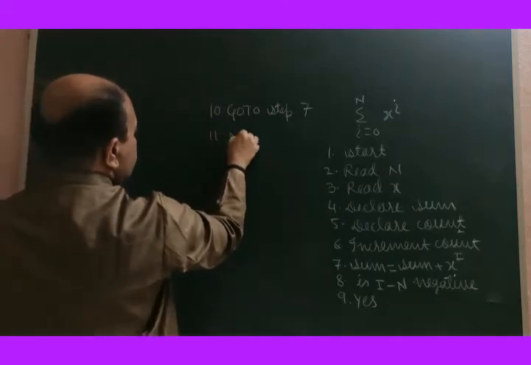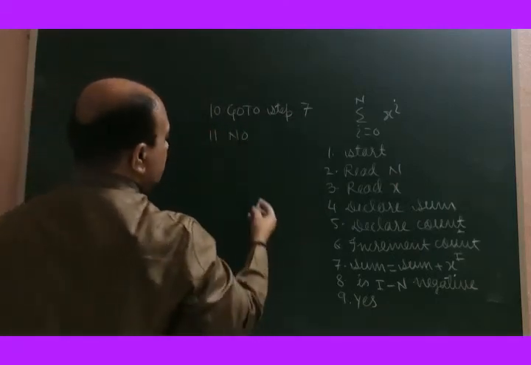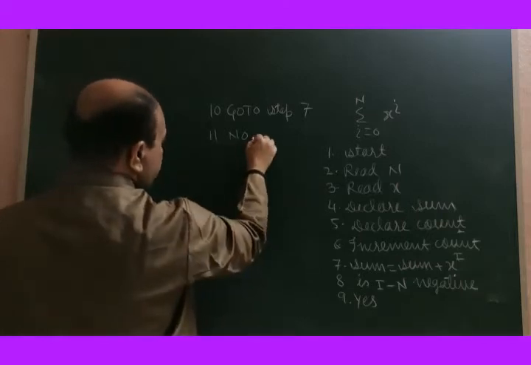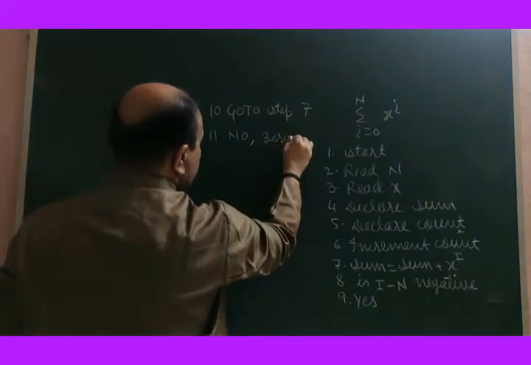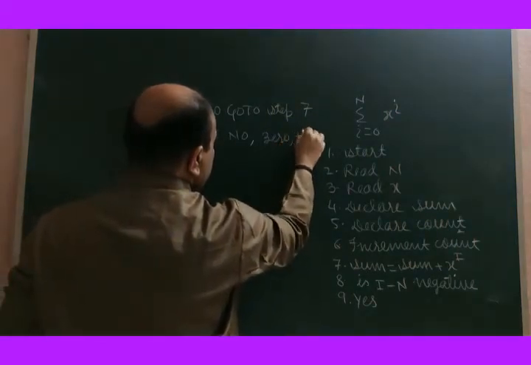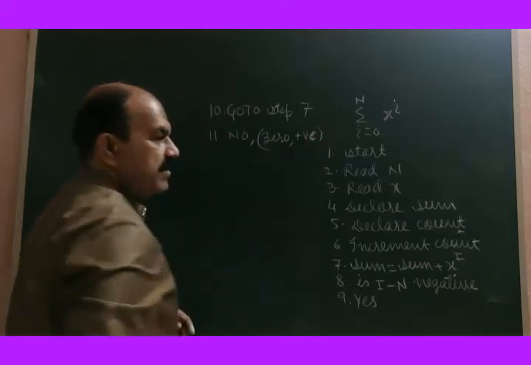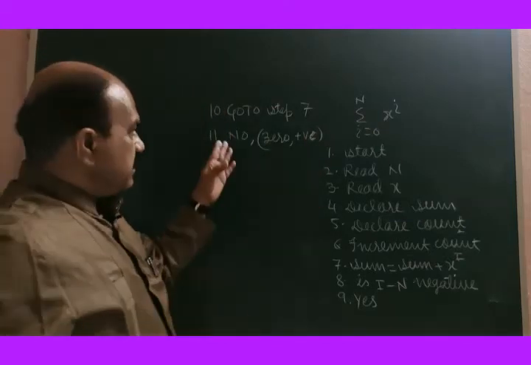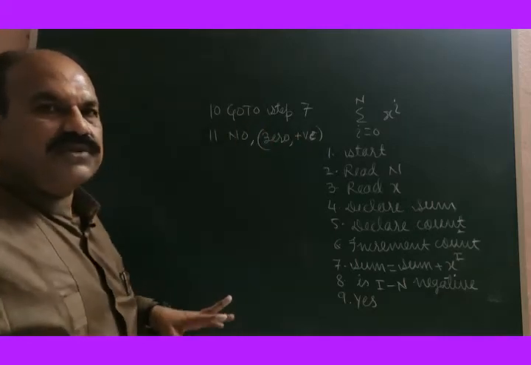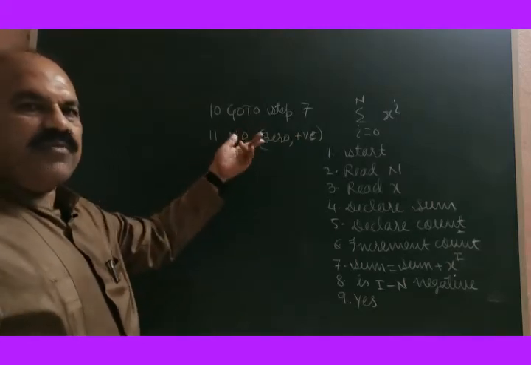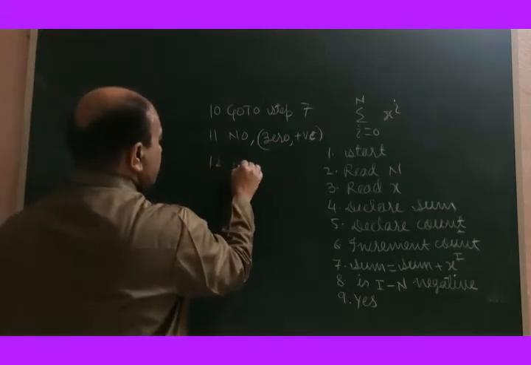If the answer is no, it is not negative. If it is not negative, it may be 0 or it may be positive. It may be 0 or positive, doesn't matter. Print sum.